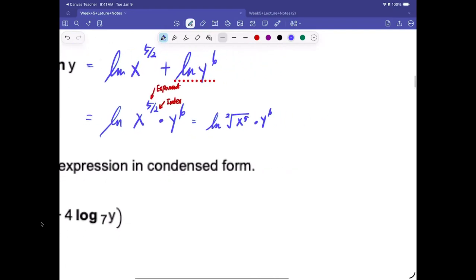So that means my answer is right there. So when you put that in a square root, we don't write down the index, right?